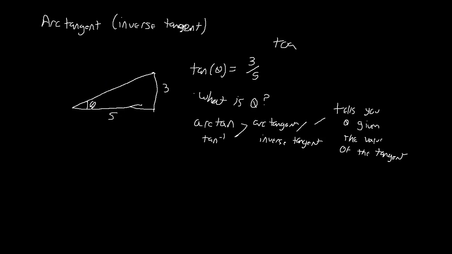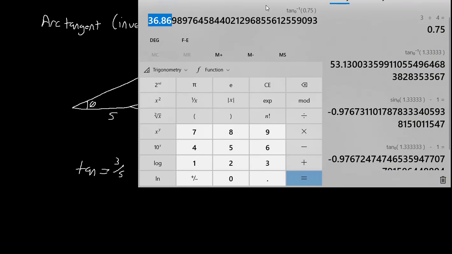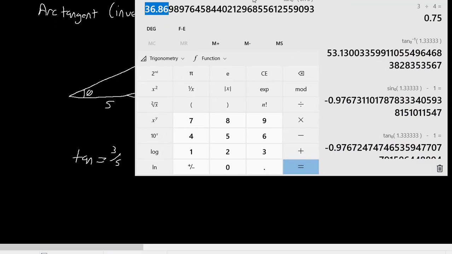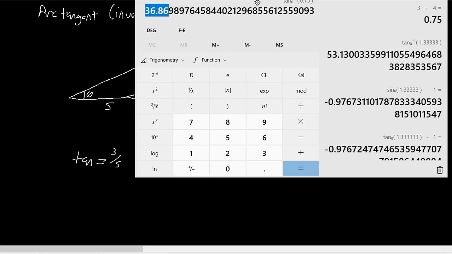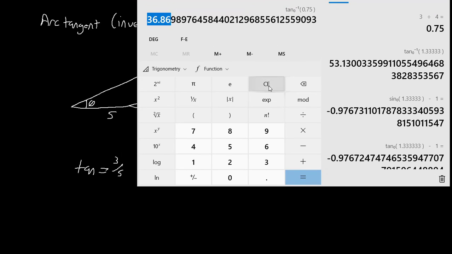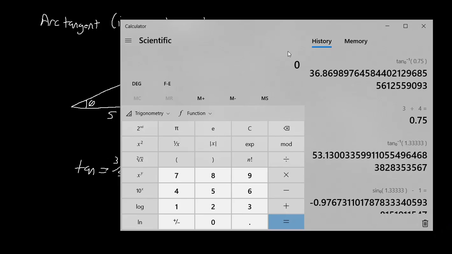Okay? So let's look at a couple examples. Let's look at this example. What is theta in this example? Well, we know the tangent is 3 over 5. So if we know the tangent is 3 over 5, I'm going to pull up my handy dandy Windows calculator here, and clear the history.